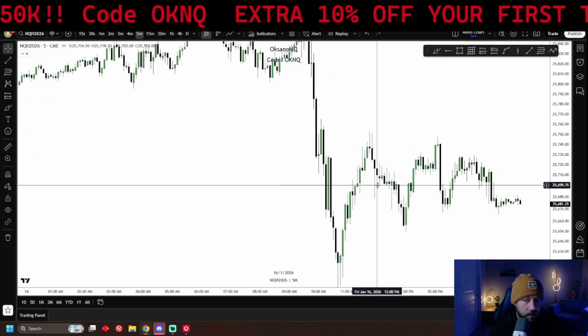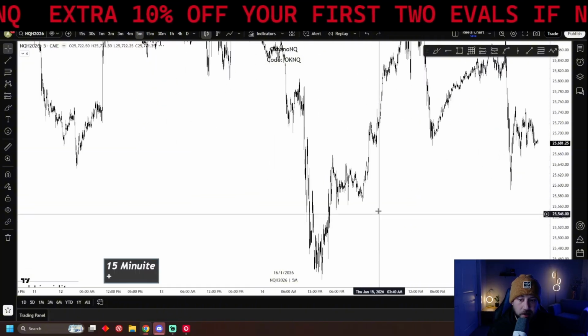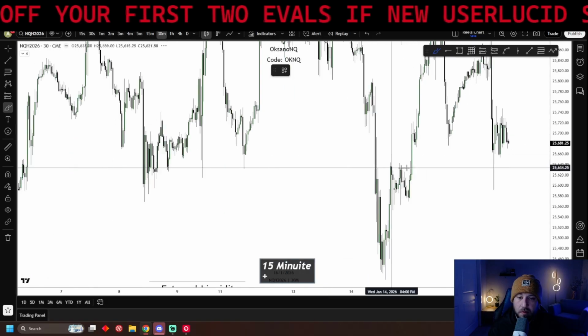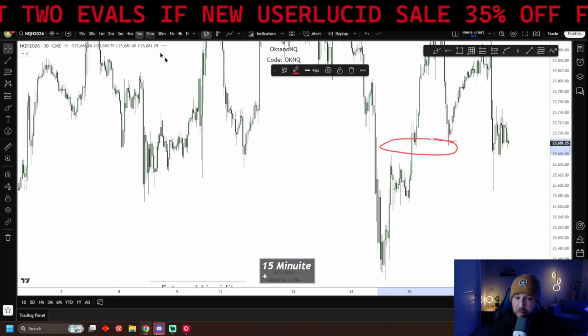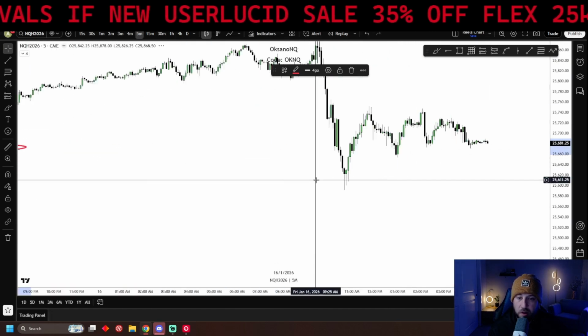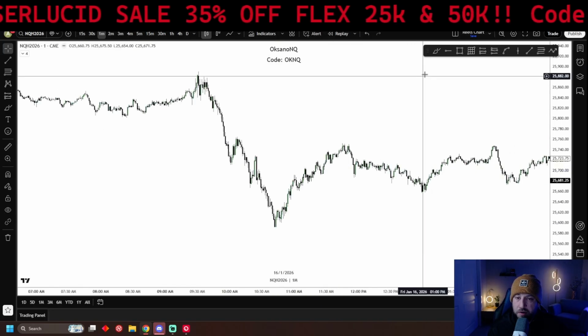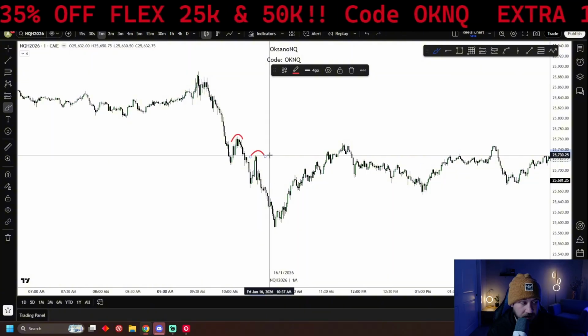And that's why our setups work the way they do, right? Because we wait for an external sweep. Here we swept two 30-minute external lows. Then we zoom in to lower time frames and find, okay, do we get a setup? If we do get a setup, do we have internal liquidity to target?